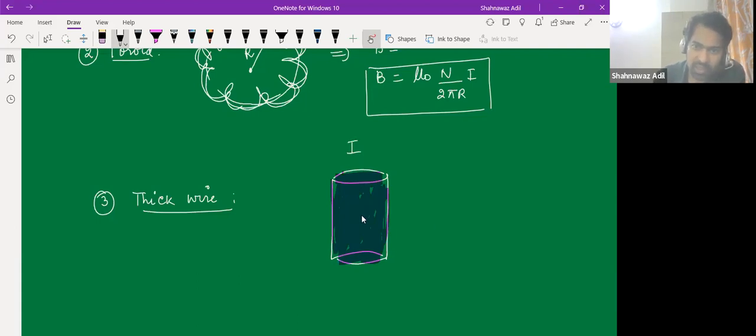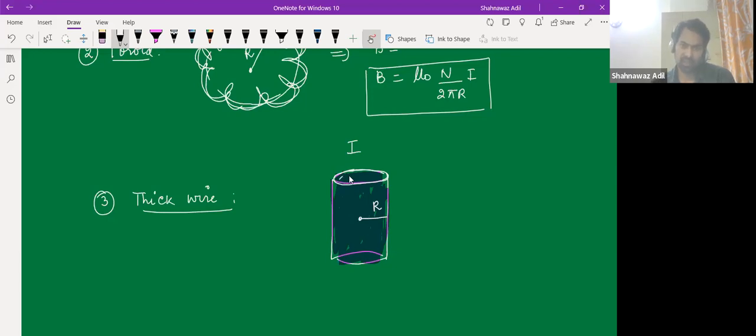Let's say the radius is R. So what is the area of cross section?